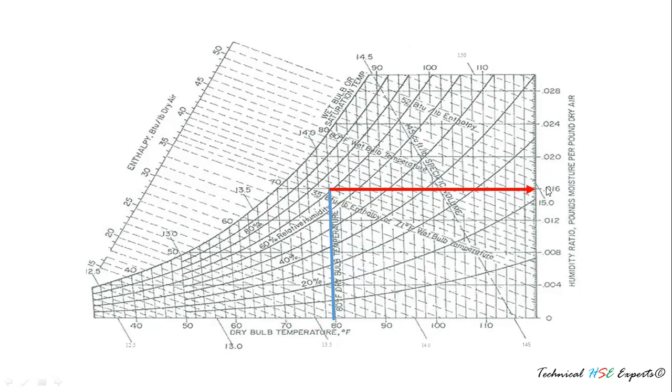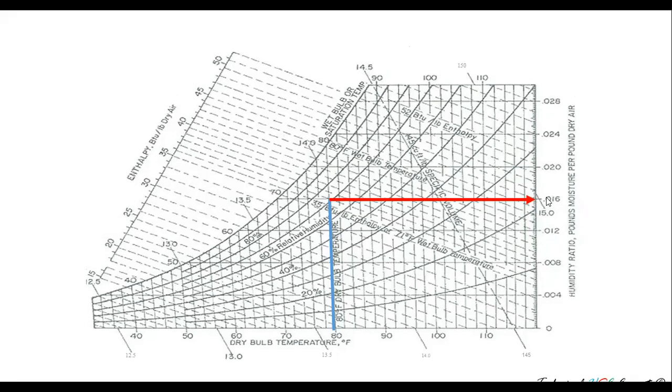This is a pretty old psychometric chart. If you see our formula sheet, there is an upgraded version of our psychometric chart. They have clearly mentioned dry bulb, wet bulb, and what the curve represents.